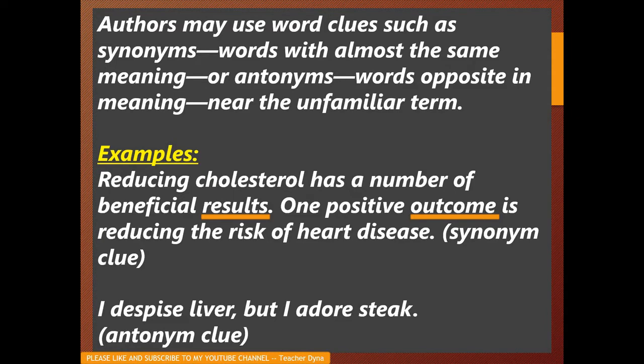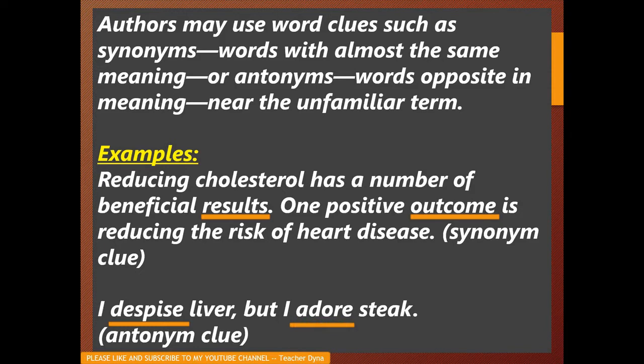Another example, I despise liver but I adore steak. We have here the antonym clue. Let us define the word despise. In order for you to understand the meaning of despise, we have here the antonym clue, and the antonym clue is adore.